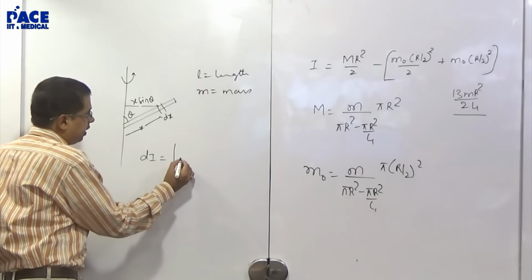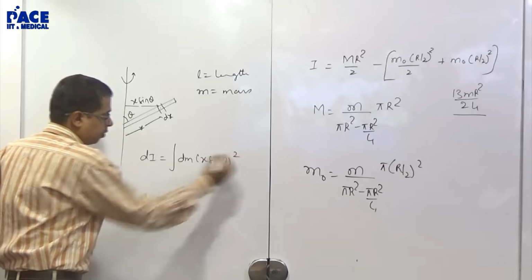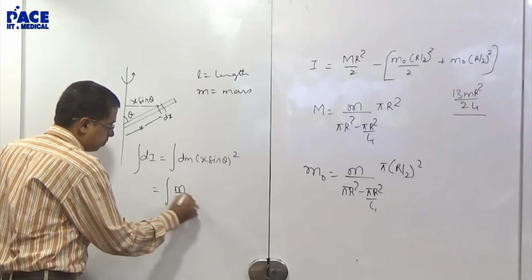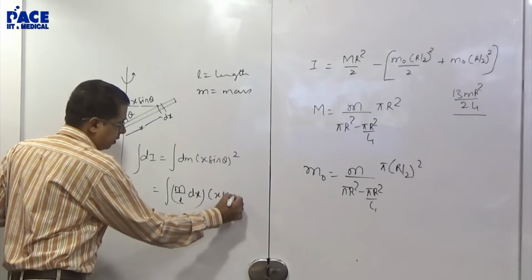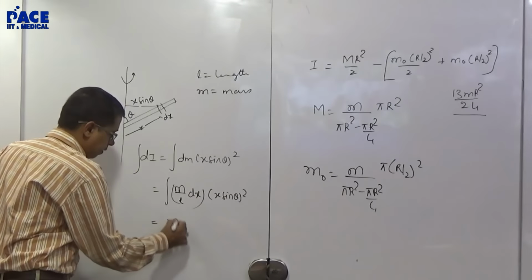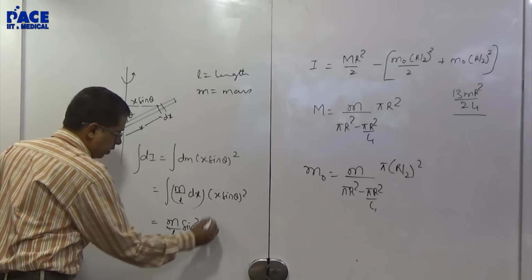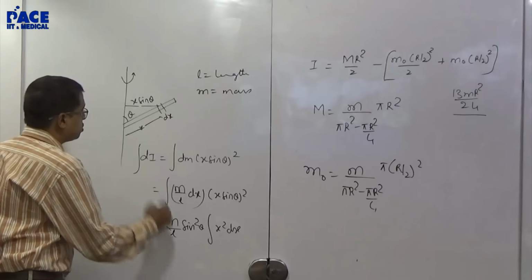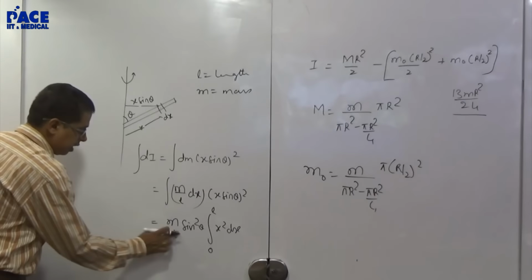I will be the integral of dm into x sine theta whole square, which is mass per unit length into dx into x sine theta whole square. That is mass per unit length times sine square theta, integral x square dx. The least value of x is 0, and the maximum value of x is L.